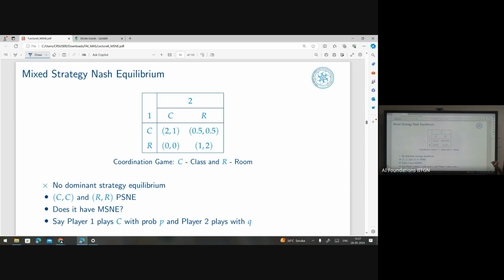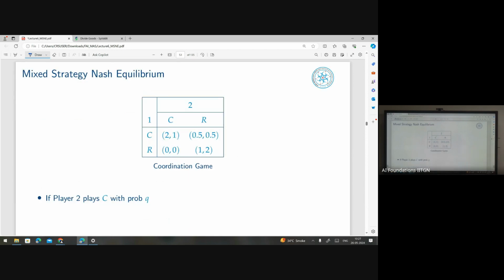So let's fix a probability. Let's assume that player 1 is going to play C with some probability P, and therefore R with 1 minus P. And player 2 is going to play C with some probability Q, and R with 1 minus Q. So now I have fixed probability Q here. If player 1 plays C, what is the utility that player 1 is going to get?